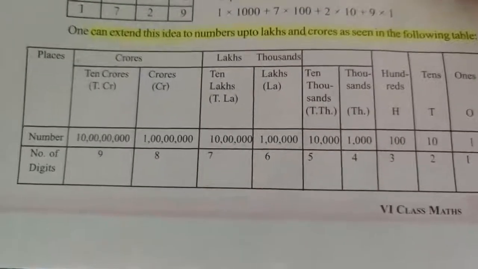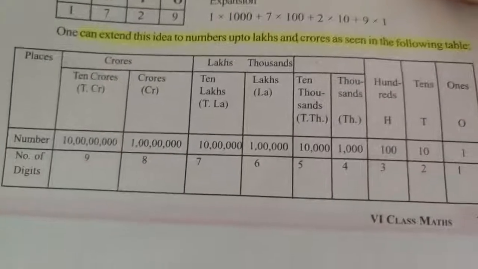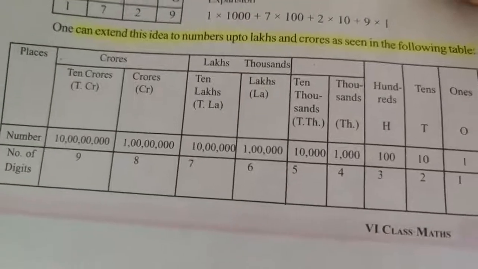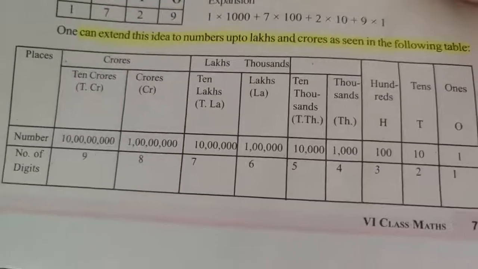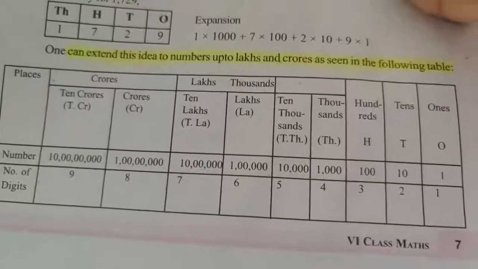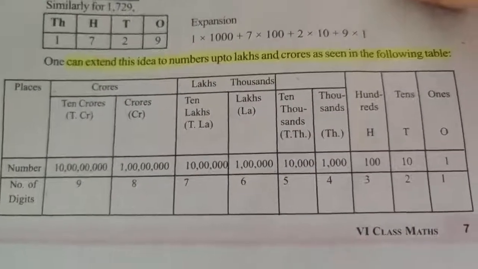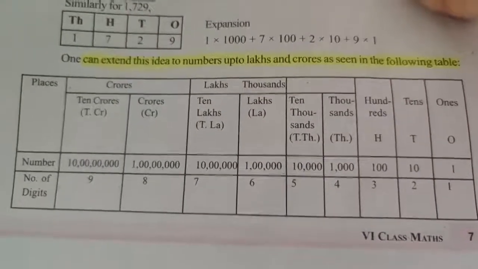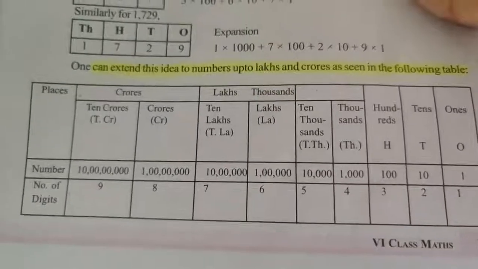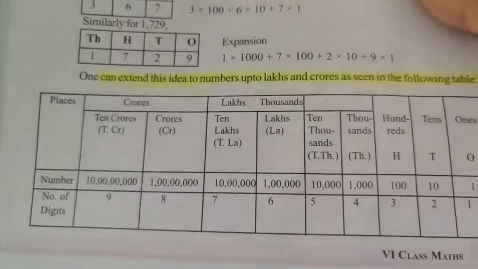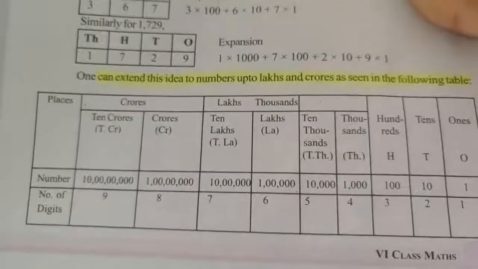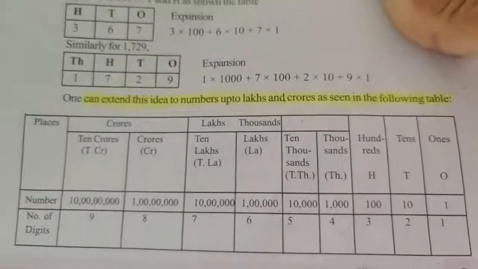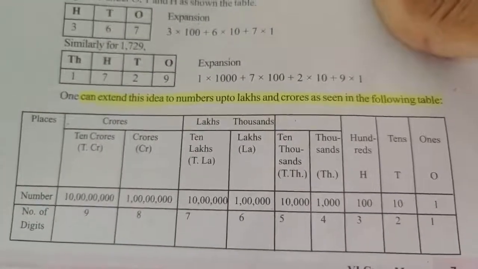The place values are given also. First, 10 crore, crore, 10 lakhs, 1 lakh, 10,000, 1,000, 100, tens, ones. Some digits are given there. In the 10 crores place 9, crores place 8, 10 lakhs place 7, lakhs place 6, 10,000 place 5, 1,000 place 4, 100 place 3, tens place 2, ones place 1.